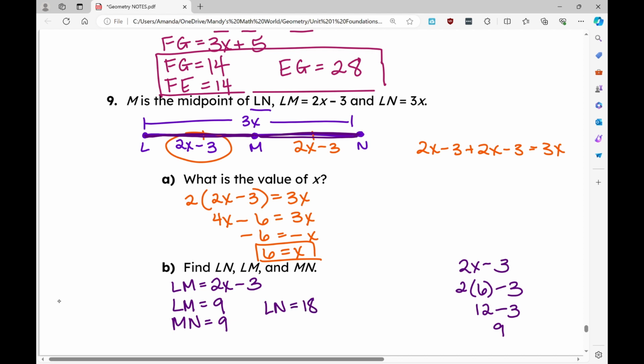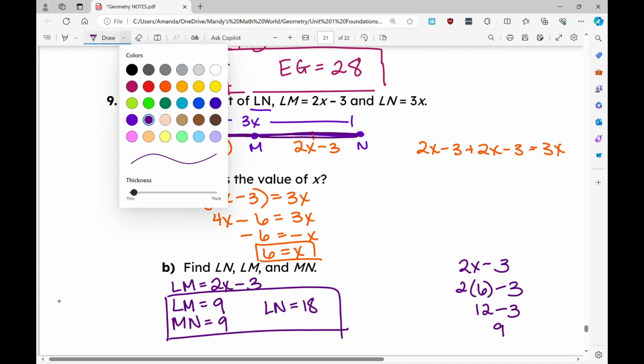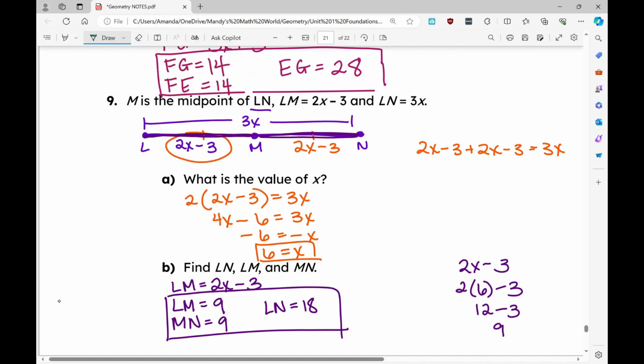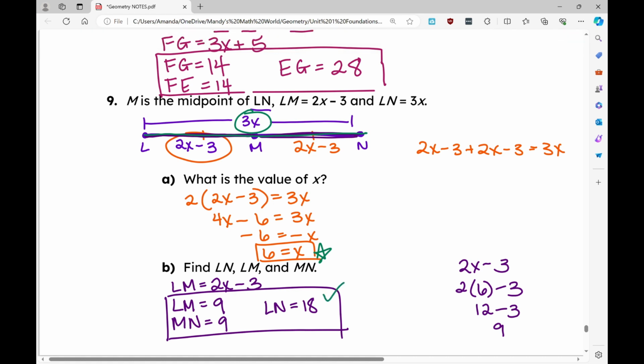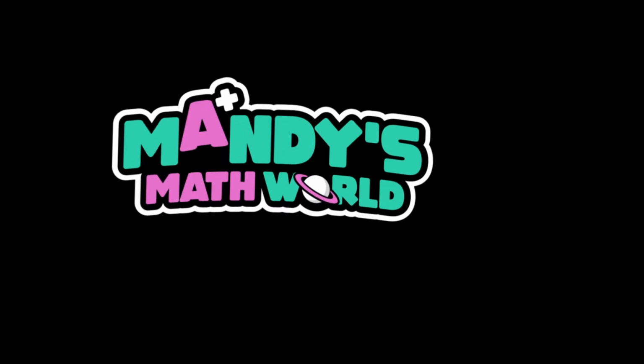And we know that if I wanted to go up here, if I know x is 6, let's see, I'll choose green. If x is 6 and LN equals 3x, well, 3 times 6 is 18. So that's just another way to get that answer. But that concludes today's notes over line segments. I hope it was helpful.